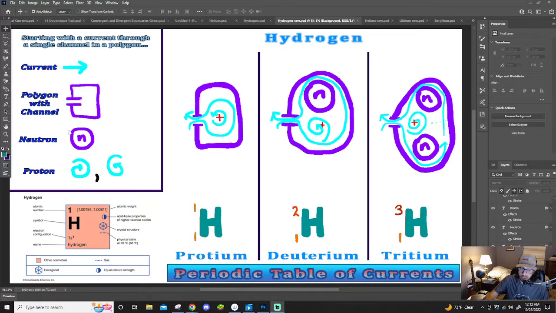Okay, simple concept, just a current entering into a channel inside of a container, basically, where, when there's only one channel, it exits through the same channel. So it basically has an inlet plus outlet, single channel, which only really occurs in hydrogen, I believe.